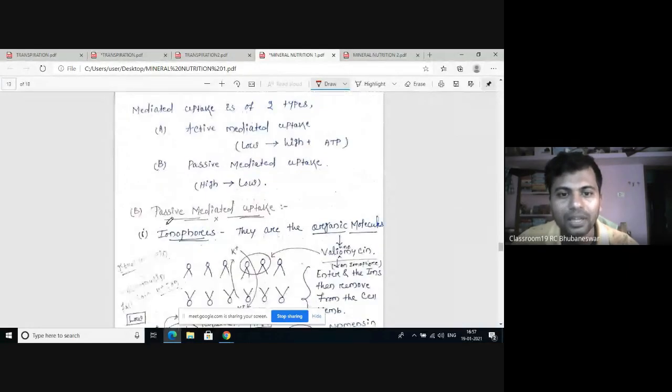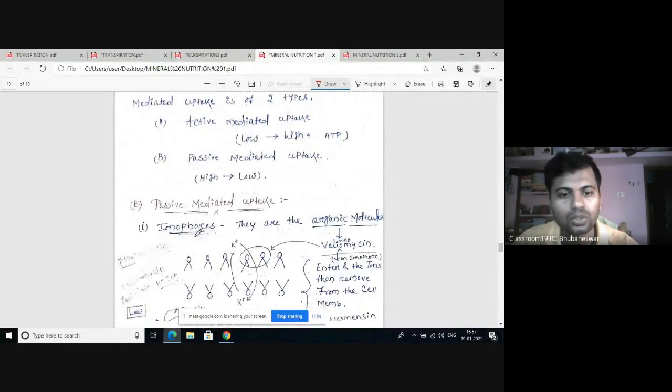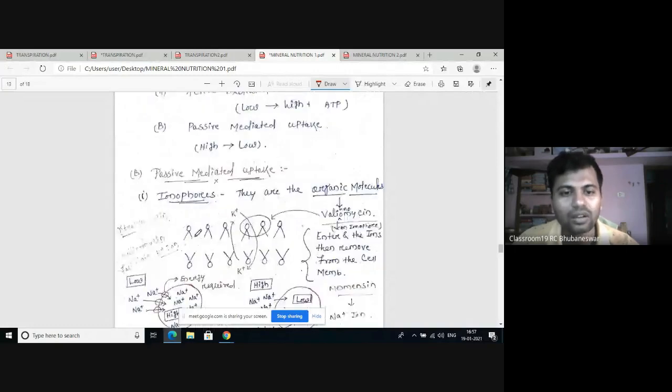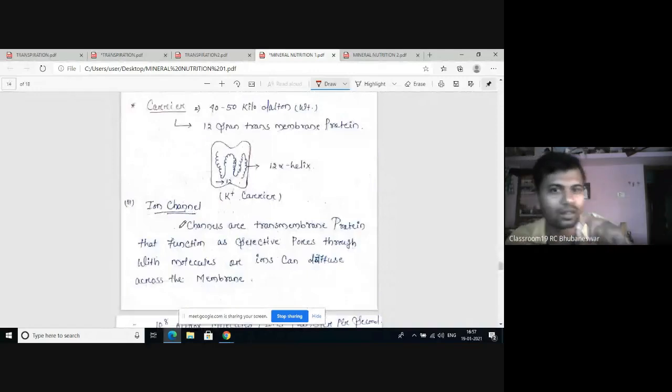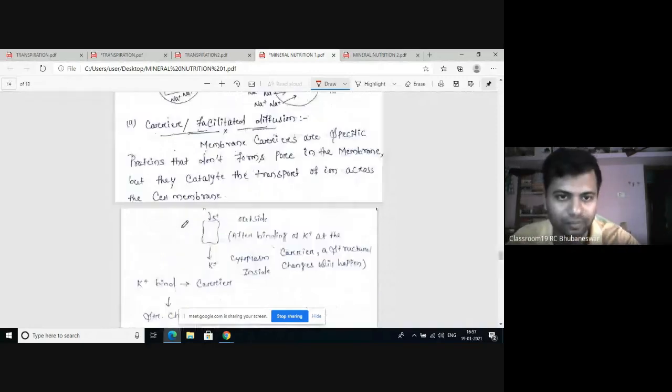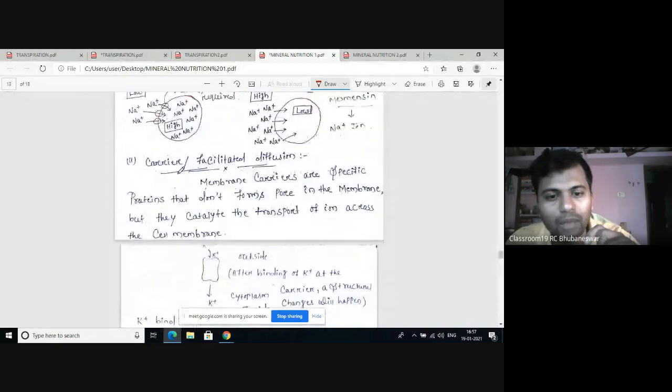Here, the passive mediated uptake occurs through ionophores, carriers, and ion channels. Always focus on these two, the carrier. Carriers are membrane proteins present in the cell membrane.